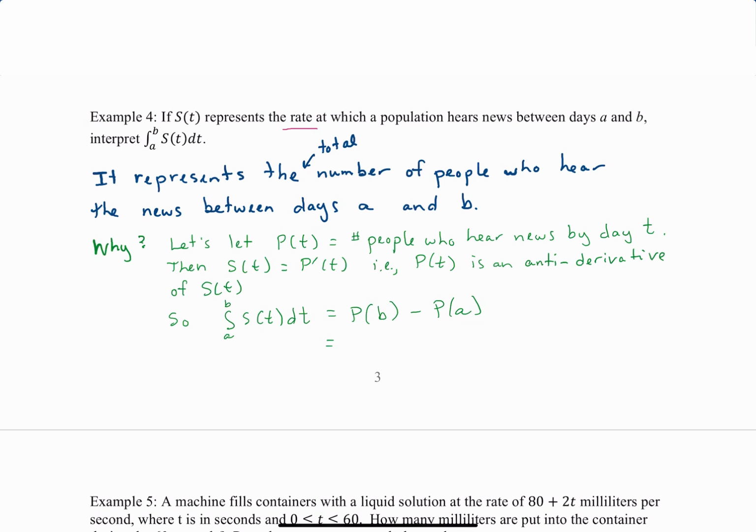So that is the number of people who heard the news by day B minus all the people, so the number of people who heard the news by day A, which is another way of saying the total number of people who hear the news between days A and B.